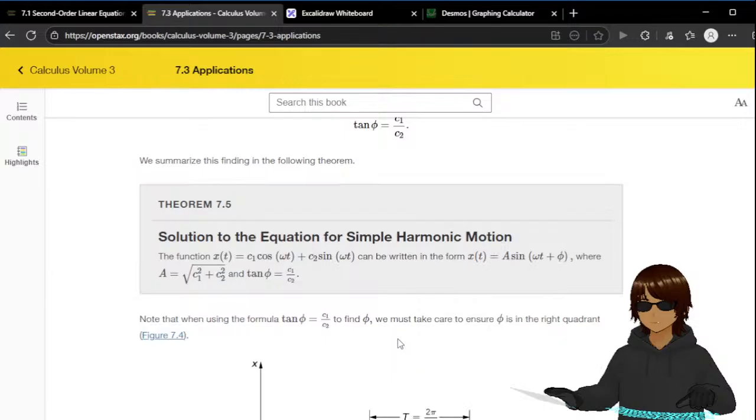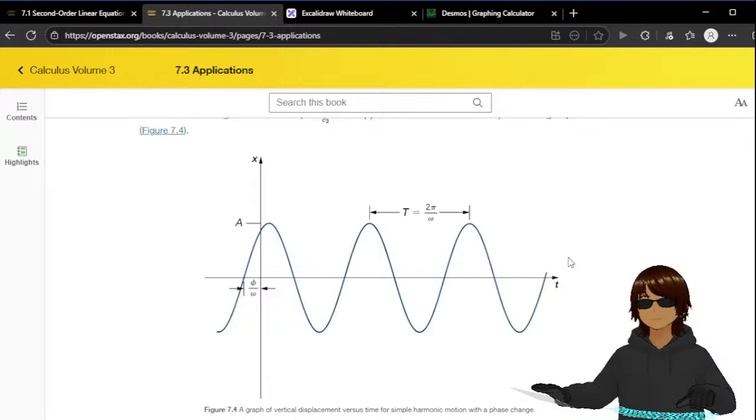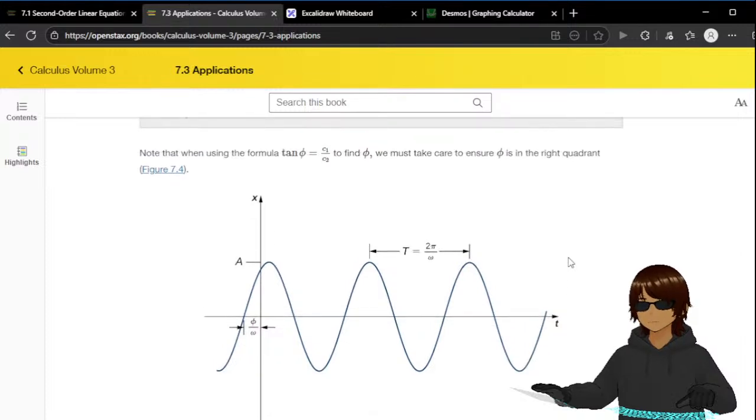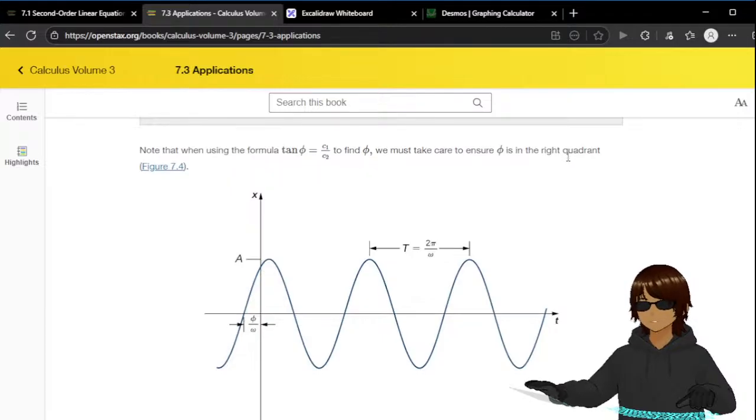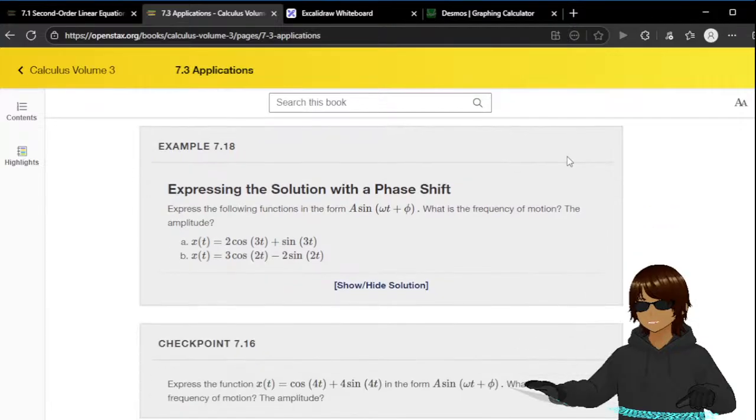To summarize, the function can be written in this form where A is the square root, where A squared is C1 squared plus C2 squared, and tan phi is C1 divided by C2. We must take care to ensure phi is in the right quadrant.